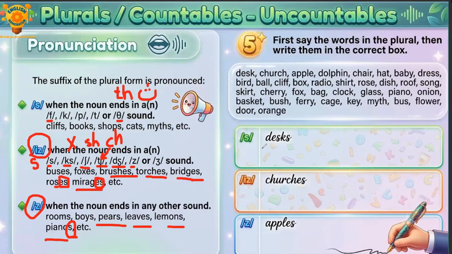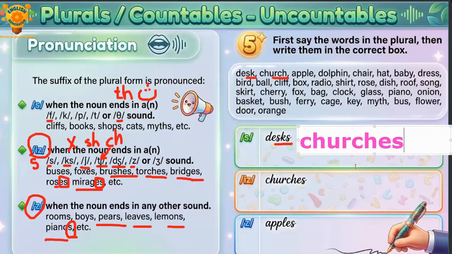Here we will have an exercise which will help us determine which ending we will have for each one. Because we have the k sound, we said desks. About church, because we have the ch sound, we will make the is, churches. So here we will add es at the end. And apple, we will say apples, just adding s.